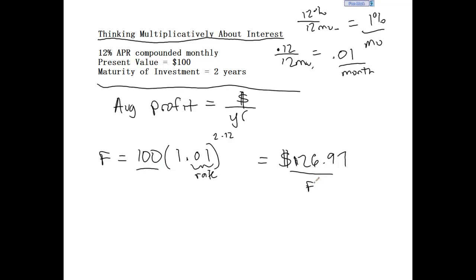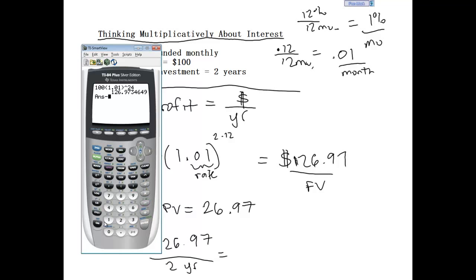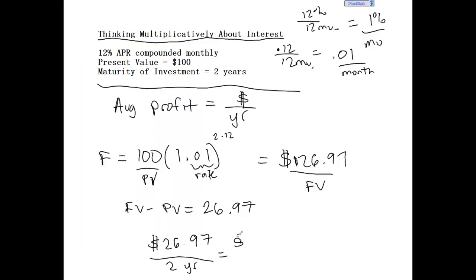I can see pretty quickly that the difference between my present value and my future value, future value minus present value, tells me that I have earned about $26.97 in profit. And if I relate that per year, dollars per year, $26.97 divided by 2, the years I earned this over, I'm going to subtract 100 from that so I don't have to type it in, divided by 2 would give me $13.49 per year.